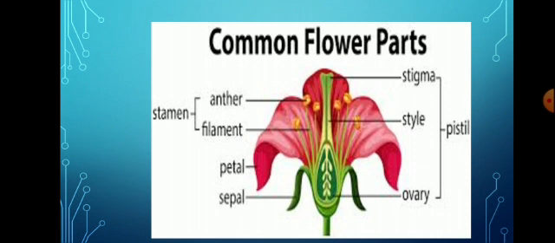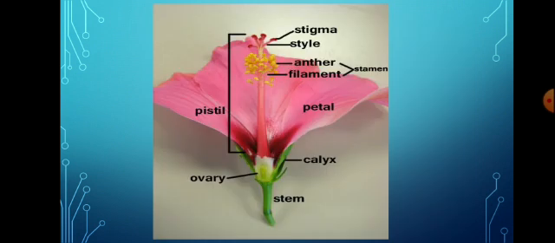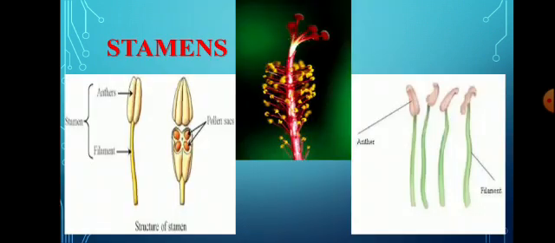Okay, then next one, stamen. These are the long and slender parts of the flower. You see the picture of hibiscus.